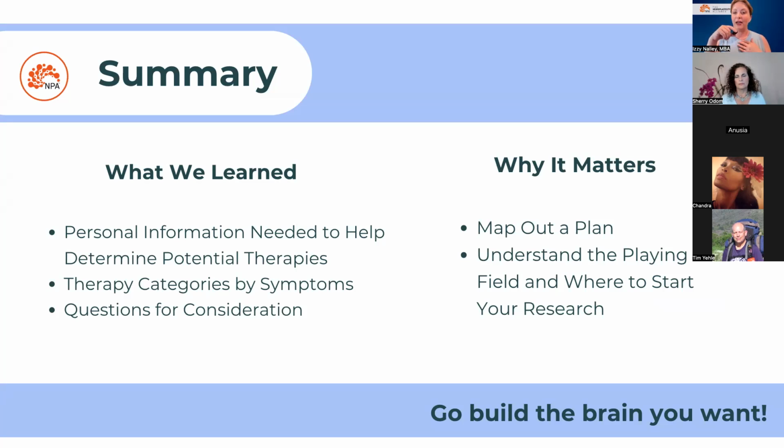As you map out a plan, take it to your doctor, because sometimes they're not aware of these. Maybe it's not top of mind for them to recommend. So be your own advocate in that way.